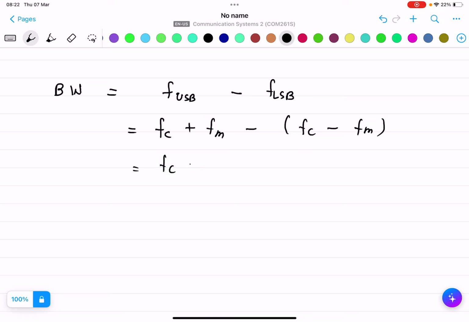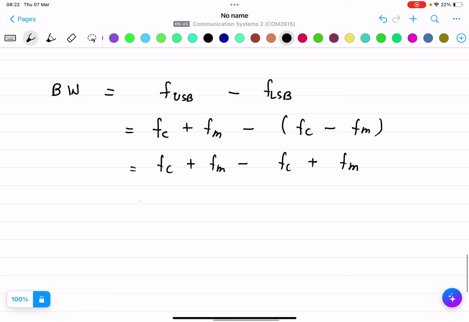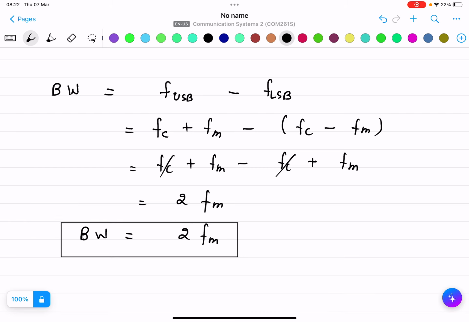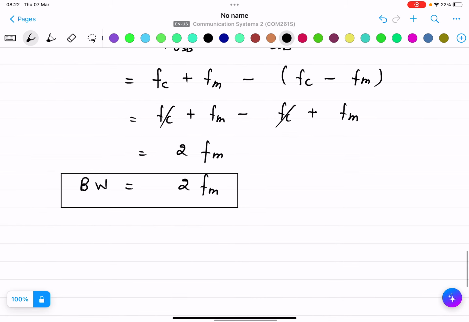So Fc and Fc will be cancelled out, so it will be 2 Fm. So if there is a numerical based on bandwidth, you can directly use this formula, bandwidth equals twice of Fm. Okay.